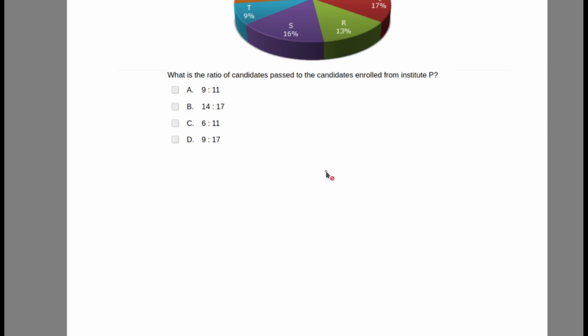Question 5 of this table is: what is the ratio of passed candidates to candidates enrolled in the institution P?